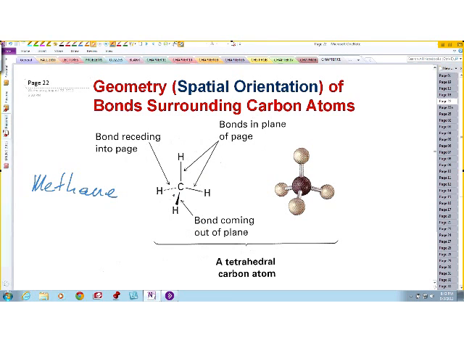Now, given what we know about the electronic configuration of carbon, we need to explain why each one of these bonds has the same bond length. In other words, this bond from here to here, and here to here, and here to here, and here to here, they have the same bond length.